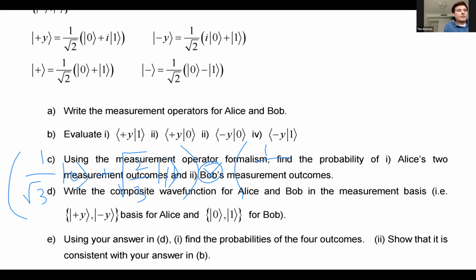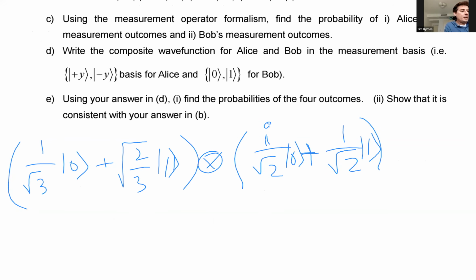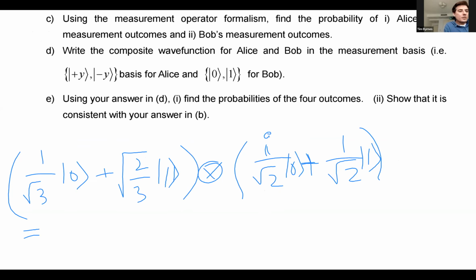So i over √2 plus, oops, I forgot to write this state, plus 1/√2, this is i. Okay. In principle, that's it, but it's a bit nicer to just write this out.